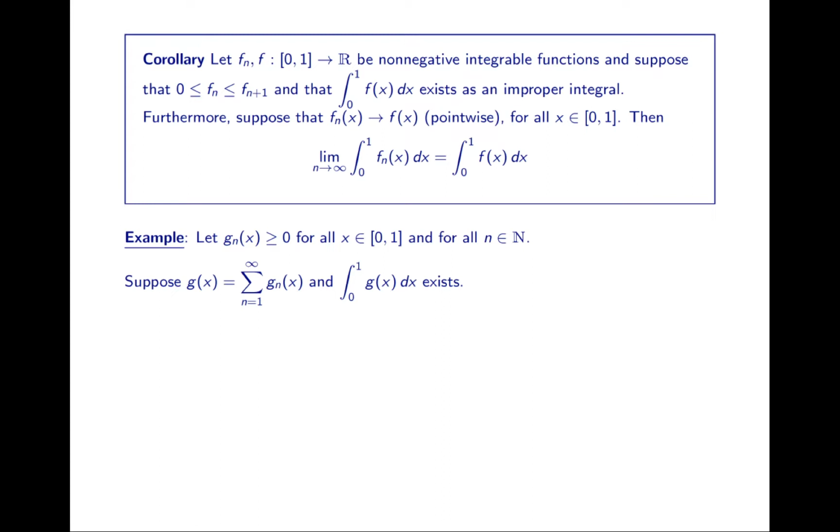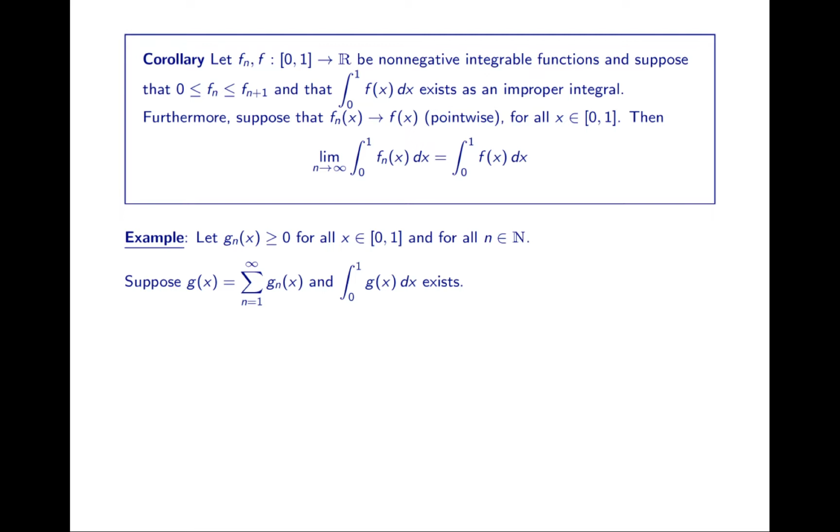In other words, for each x, the series gn of x is equal to a number. So we get, at the very least, a pointwise convergence. So we're going to suppose that's true, and that the integral from 0 to 1 of g exists. Right, so we're trying to essentially use our machinery to say, what does this tell us about series?